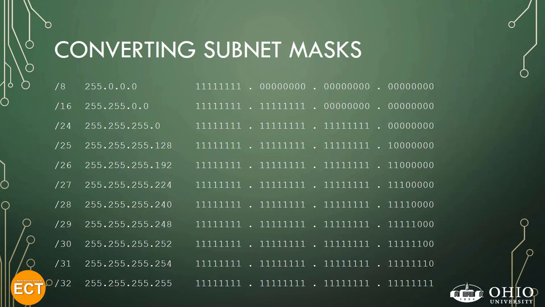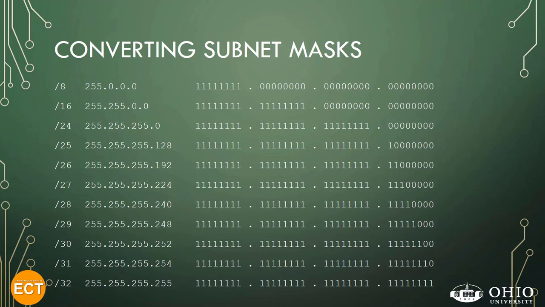Here are some common subnet masks in CIDR, dotted decimal, and dotted binary forms. Moving between the dotted decimal and dotted binary is a simple decimal to binary conversion done 1 octet at a time. Notice that the CIDR notation is the count of the number of ones in the binary form of the subnet mask.